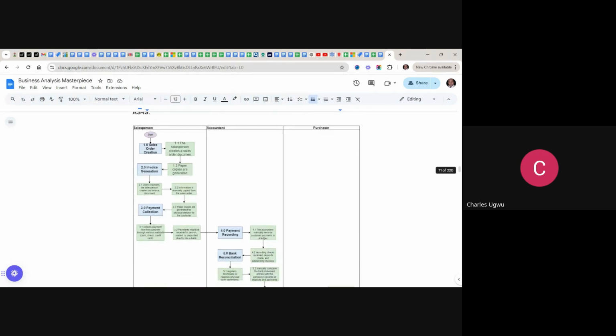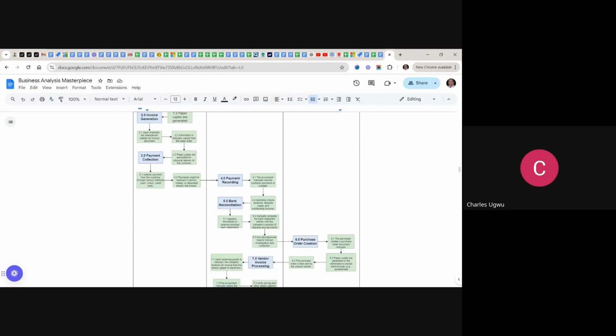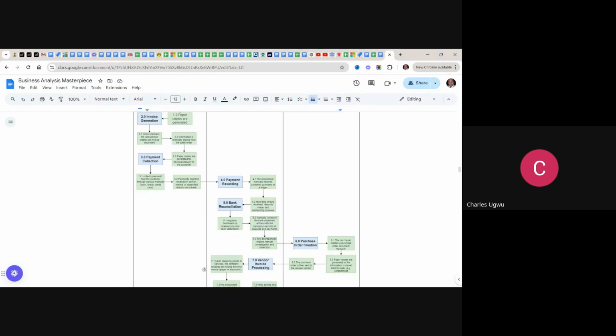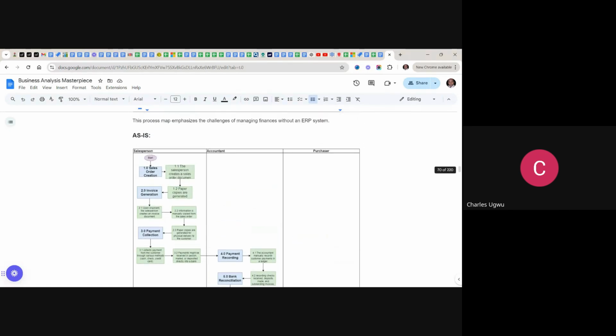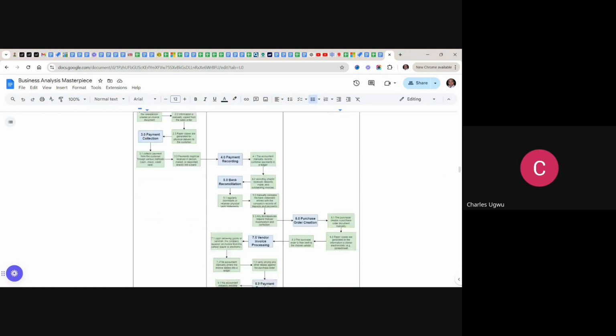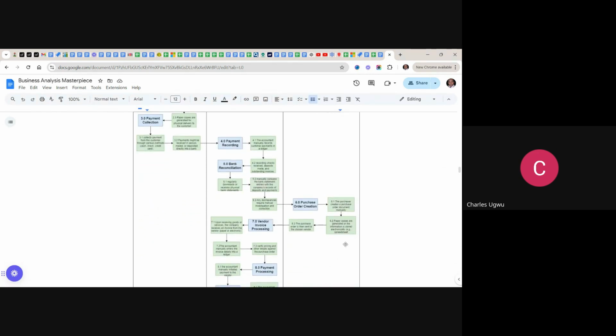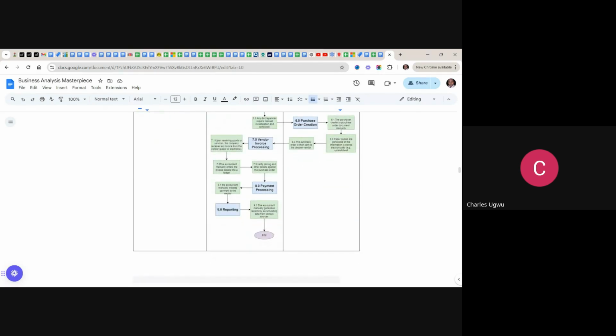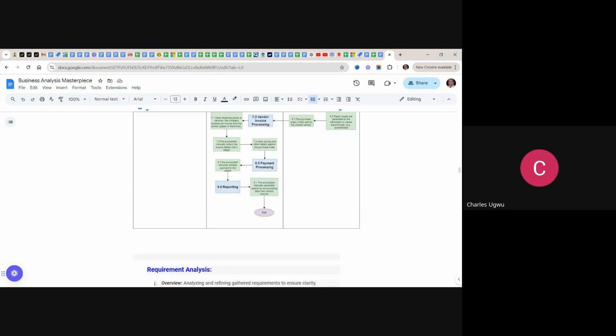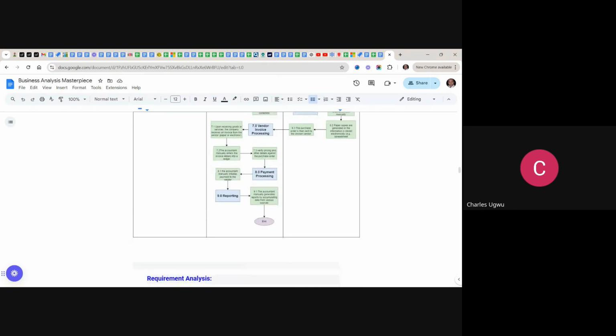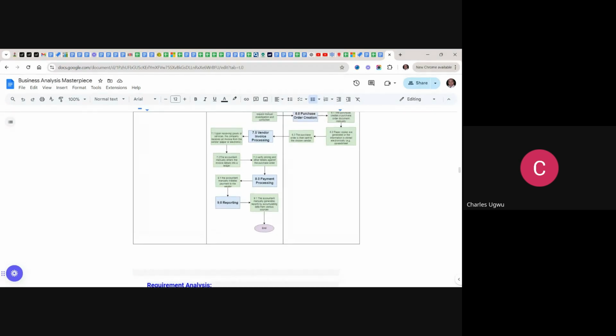And you see here, from the salesperson, you swim into the accountant lane. The accountant starts, you start modeling the activity with the accountant. From the accountant, you swim into another lane for the purchaser or the procurement officer. From the procurement officer, you swim back to the accountant, and from the accountant, you end the process. That is how this is done.